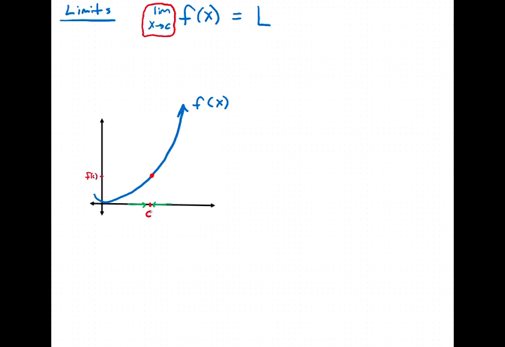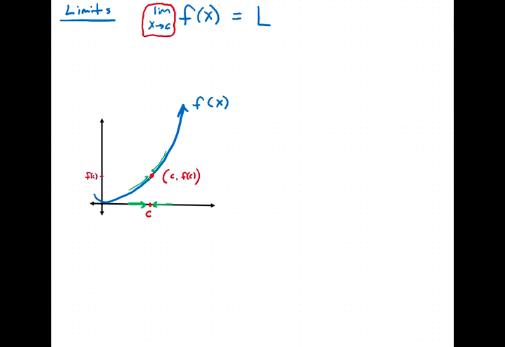As the x values are getting close to this number c, the points on the graph are getting closer and closer to this red point. And that red point is the point c, comma, f of c. So in this particular case, as the x values are getting closer and closer to c, the y values are getting closer and closer to f of c.